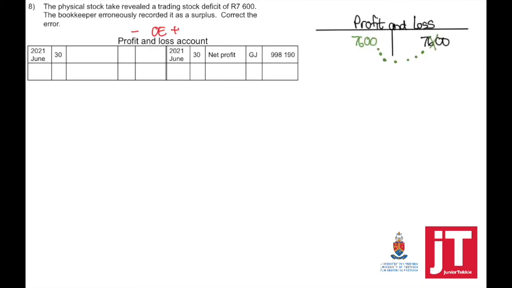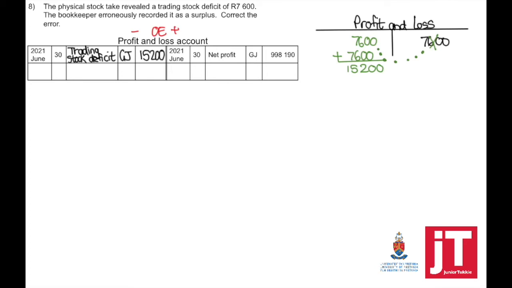To correct that, we need to debit the profit and loss account to show that this was actually a trading stock deficit. But now, to take it out, I've only cancelled that 7,600. I still need to show the deficit. This is why, when we need to correct this, we need to times it by 2.